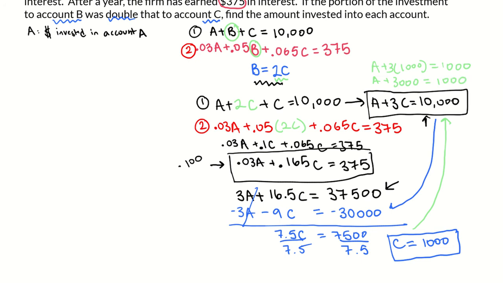From that we can get, by subtracting 3,000 from both sides, that A is equal to 7,000. And then it remains only to find the amount in account B. To do that, we could use any of the 3 original equations. Might be easiest to use this one, that B is twice C. Since C is 1,000 and B is twice C, that means that B is equal to 2,000.